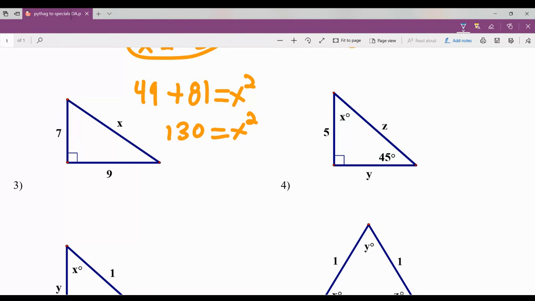And 130 is not something that square roots very well. So that means that x would be equal to the square root of 130. And the square root of 130 doesn't simplify very well. So I'm just going to leave it like this. So the exact value is something that would be left as a radical.